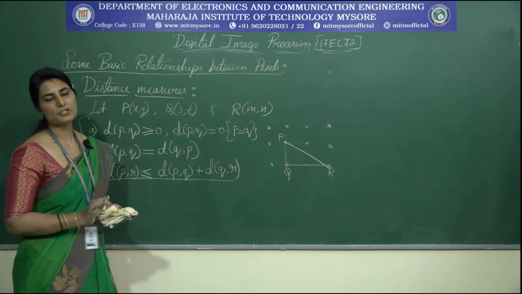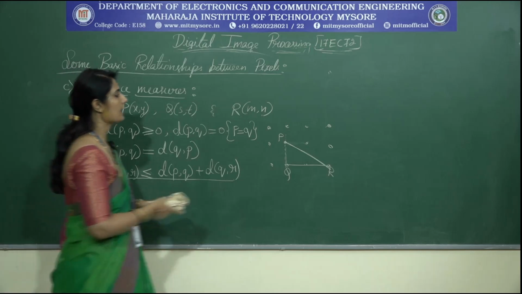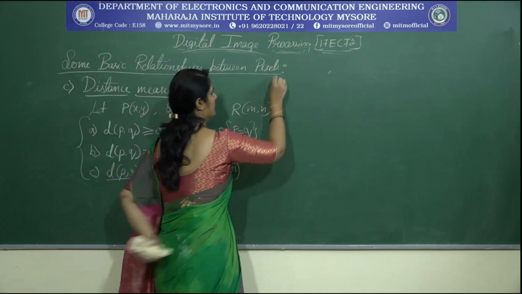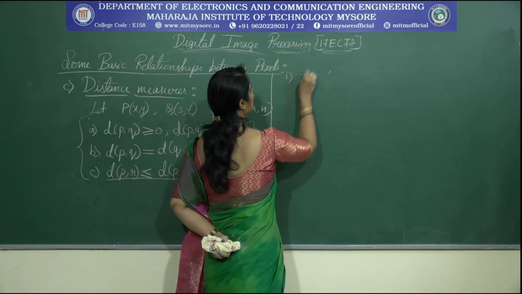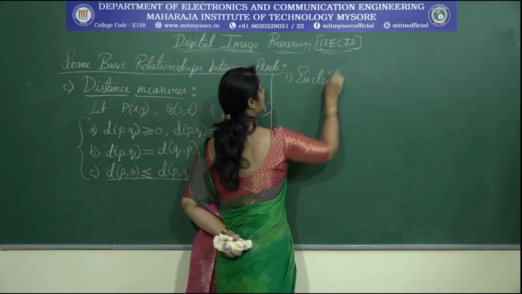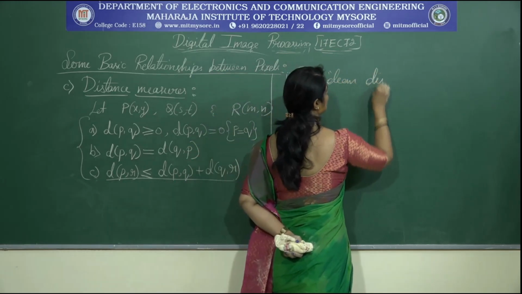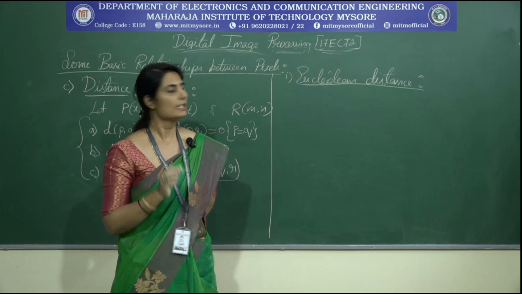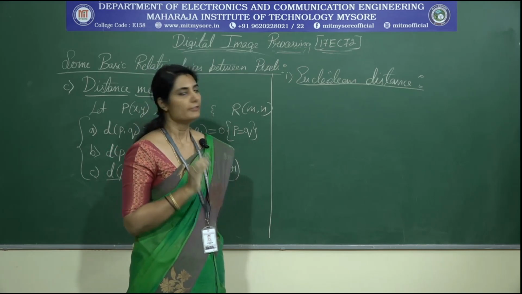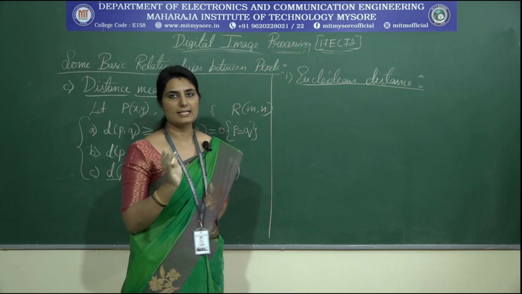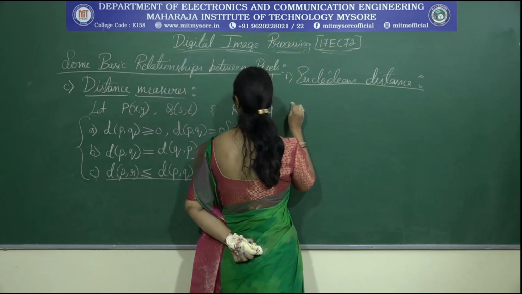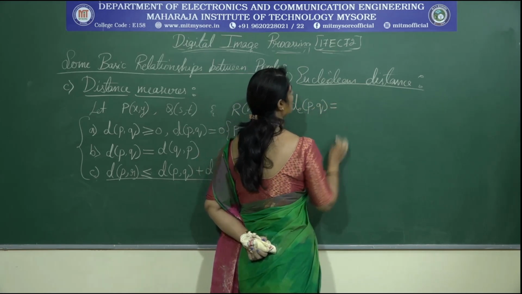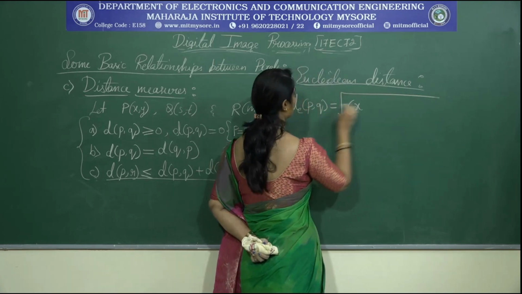So now, in order to measure the distance, there are three different types of measurements. First we go with the Euclidean distance measurement. In this approach, we measure the distance between two pixels by using the formula: the Euclidean distance between P and Q is equal to the square root of, what are the coordinates of P?